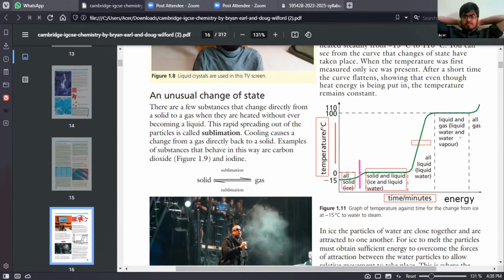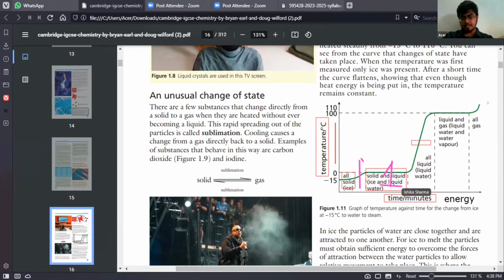It's solid till here. What about here in the middle? Solid and liquid both. You can write, actually you must write solid and liquid, if they ask about it, because what if they give it wrong?